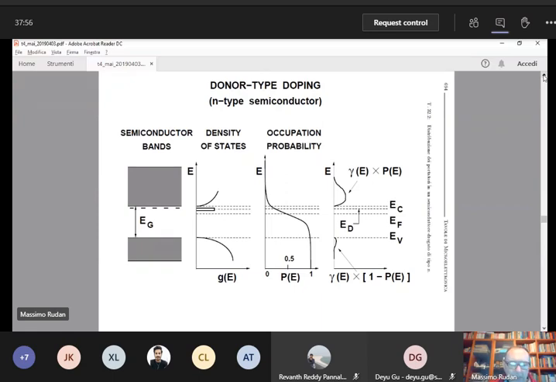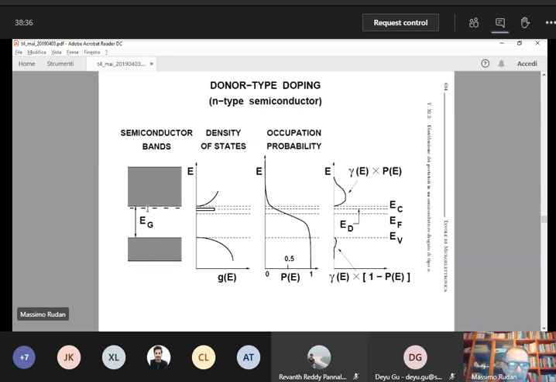In this case, we must calculate not two populations, but three populations, because we have to calculate the concentration of the electrons of the conduction band, the concentration of the holes of the valence band, and also, since we have another family of states, we have to calculate the concentration of the electrons that are inside the donor state, okay?